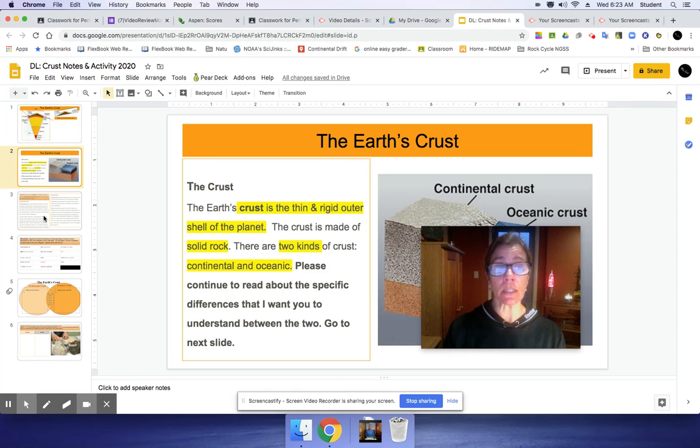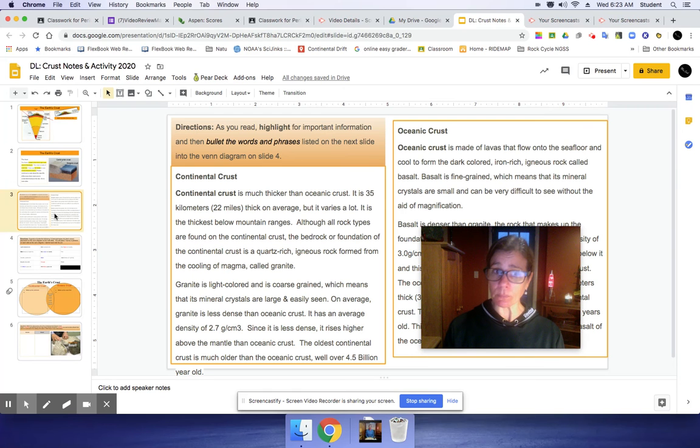So when you get to slide number 3, slide number 3 really has a lot of information about the continental crust versus the oceanic crust. Now, again, your textbook reading that I have assigned to you prior to this gave you a little taste of what the continental crust and the oceanic crust is, but it's just not detailed enough. I've actually added lots of detail and lots of important information in my little text boxes here.